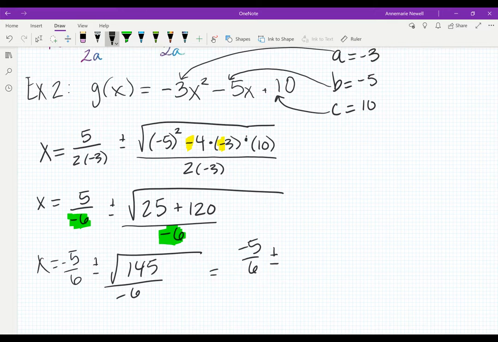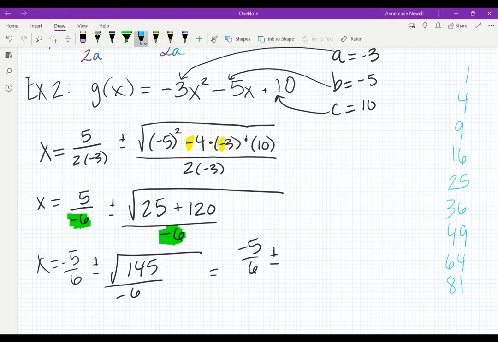I need to start thinking, what square numbers, 1, 4, 9, 16, 25, 36, 49, 64, 81, are any of these factors of 145? Obviously 1. 4?